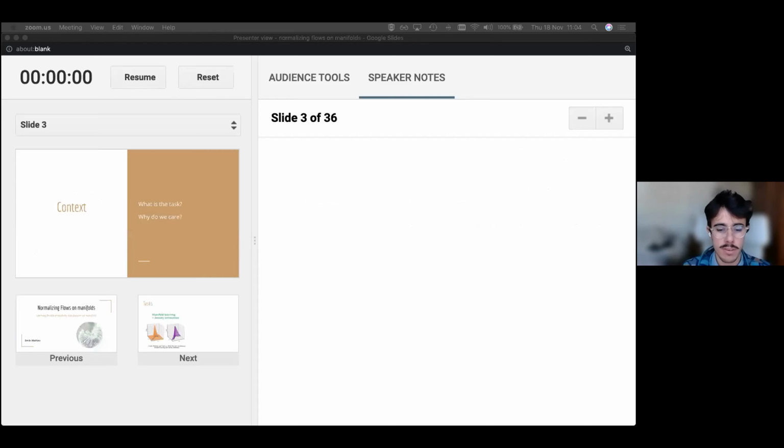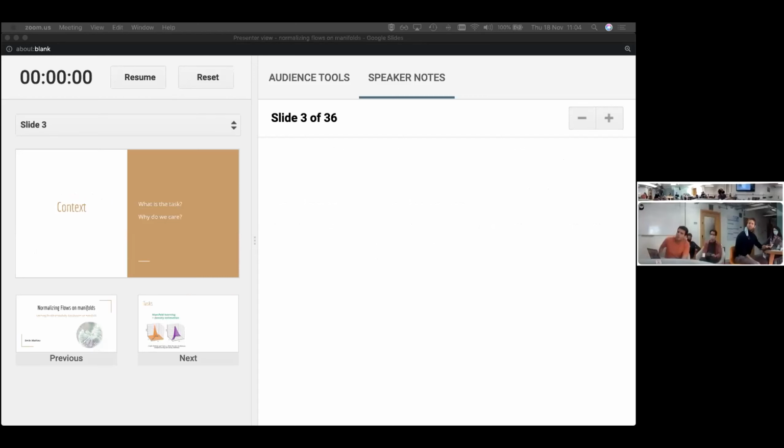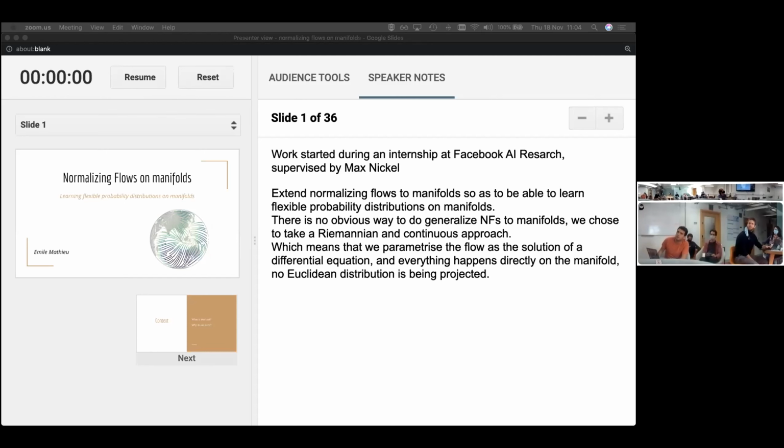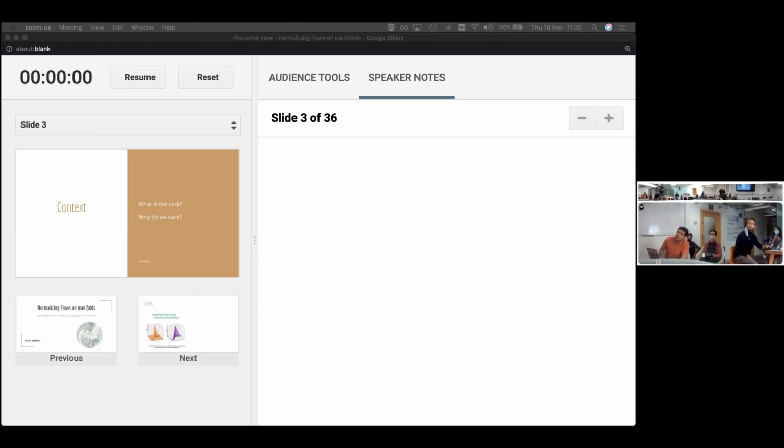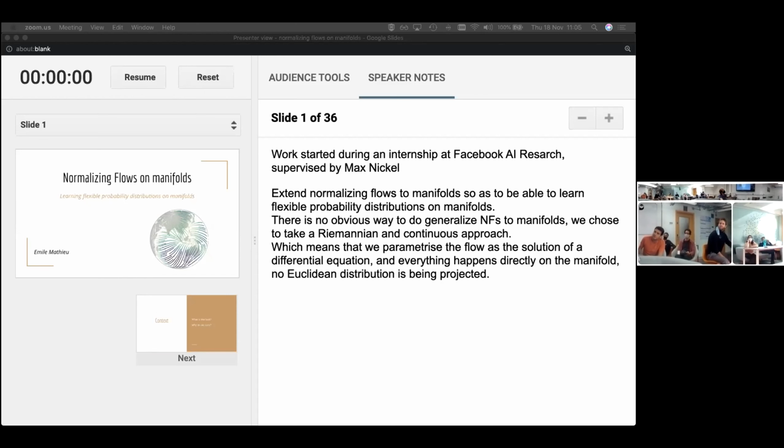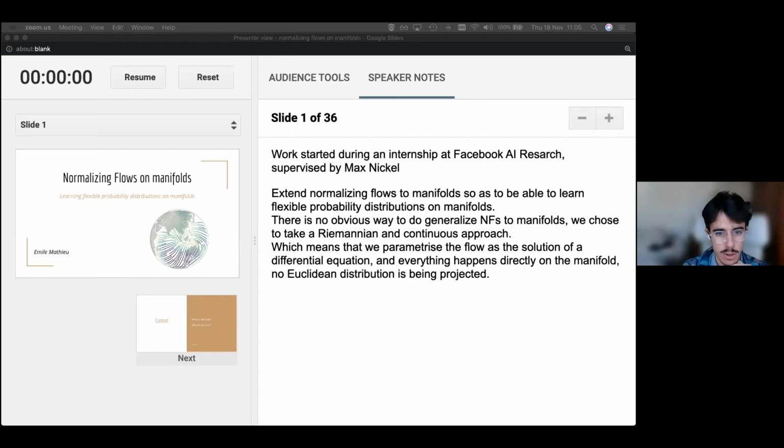So yeah, first of all, sorry, what? On that speaker view, is that what you meant to do, or do you want it on the original slide? We can see your speaker notes here instead of the slide. Oh, you see the speaker notes. Oh wow, sorry.